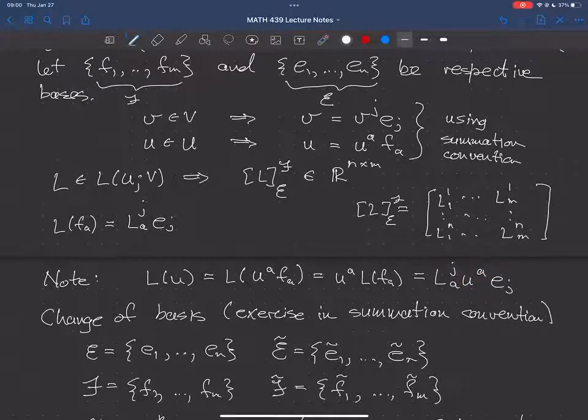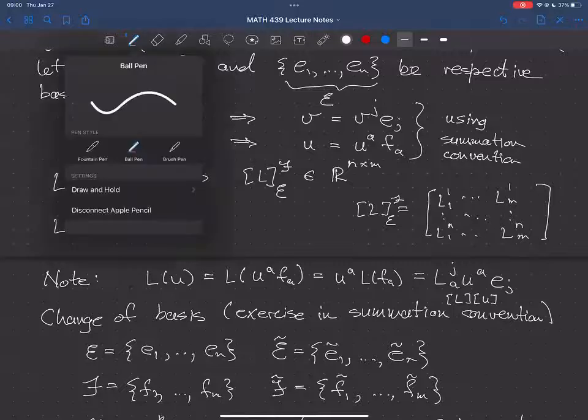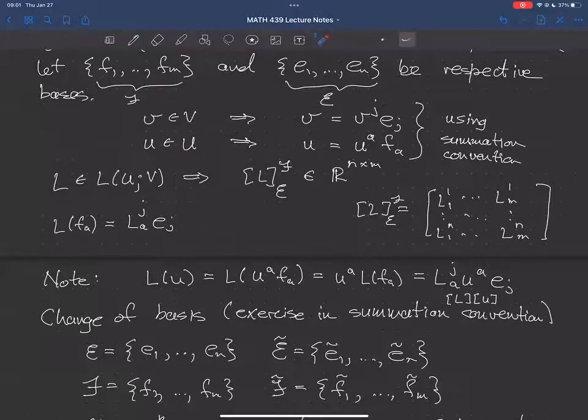Because this is really the matrix L times the matrix U, where the matrix U simply means the components of the vector U. And so the point is that this tells us the order in which the matrix multiplication happens. The lower index goes on the left.